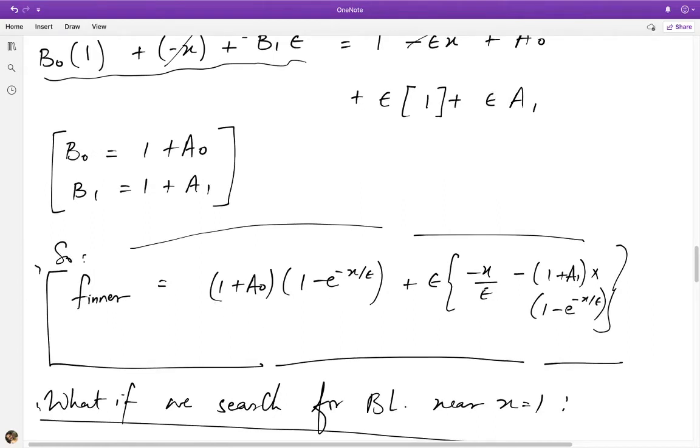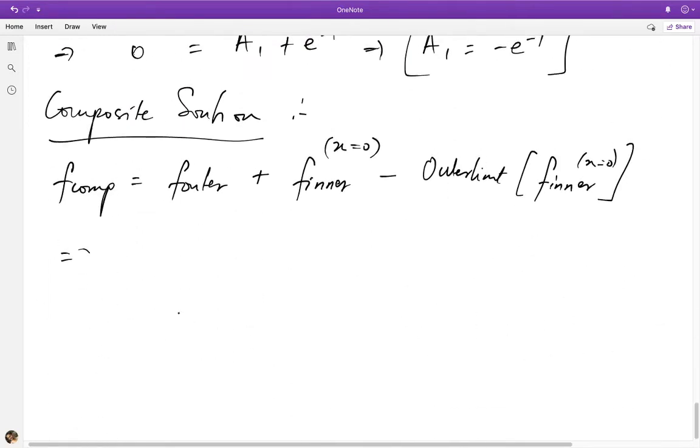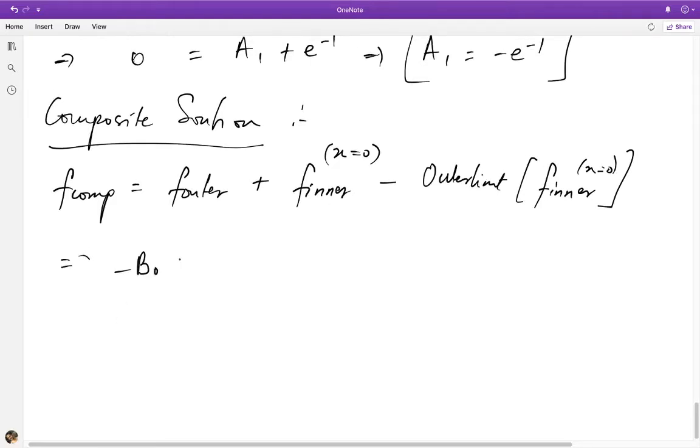This is basically b0, this is basically b1. This component gets subtracted out because it's what survives. Similarly, this component gets subtracted out, and so does this. And so what we have is essentially minus b0 e to the minus x by epsilon, so the purely b0 term is subtracted out by this third term, plus e to the minus x plus a0 comes from the outer solution, and this comes from the leftover of the inner solution.